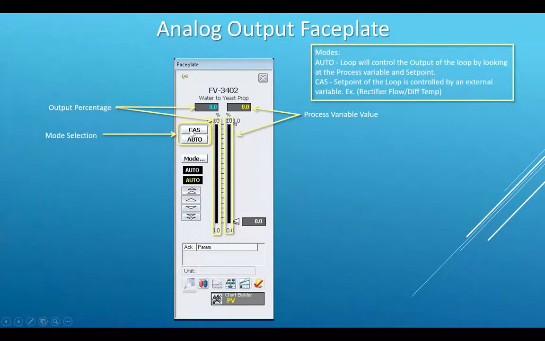So there's mode selection. Again, you'll have auto or cascade. You can go into auto, where you control the output by setting a set point, and there's cascade, where you control the output by setting a loop that controls the set point instead of you controlling the set point.